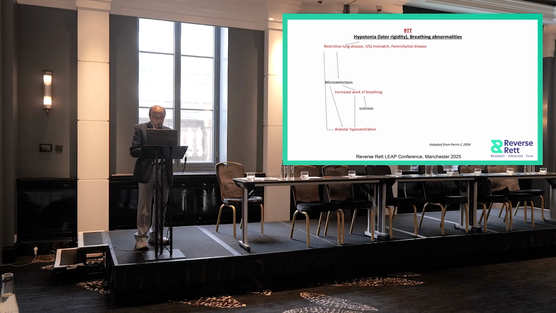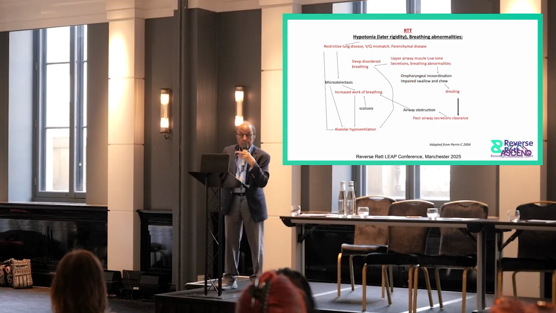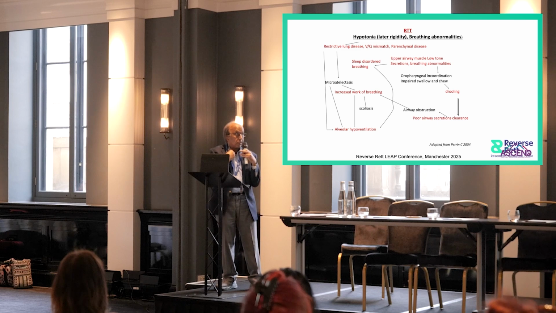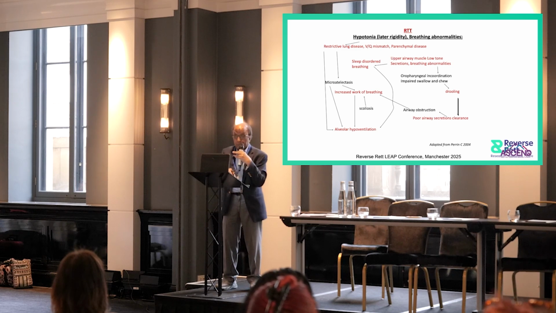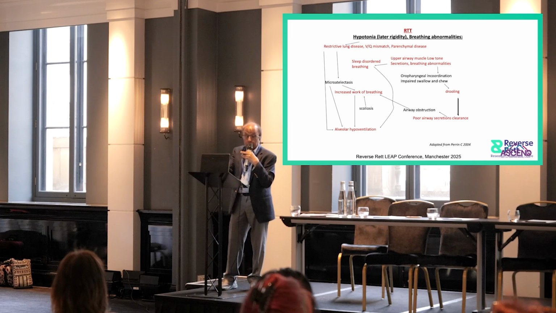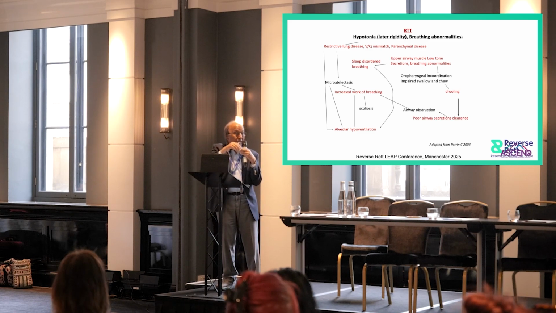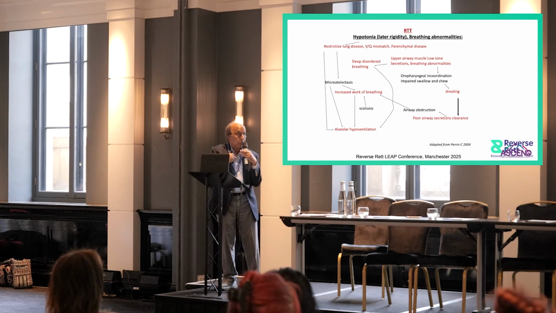Okay, now if we add another component, which is we talked about the sleep stages, REM stage, being low tone at that time, so we have the low tone and the tendency for collapse of the upper airways.